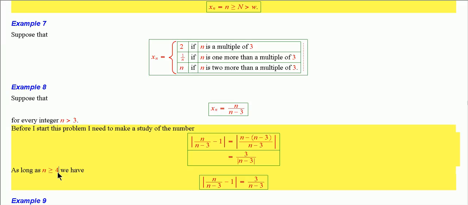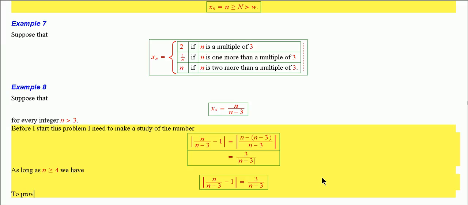Okay, folks? So this is what I'm going to tell you. To prove that this sequence tends to the limit, what did I say? 1, right? As n tends to infinity, we suppose that epsilon is greater than 0.